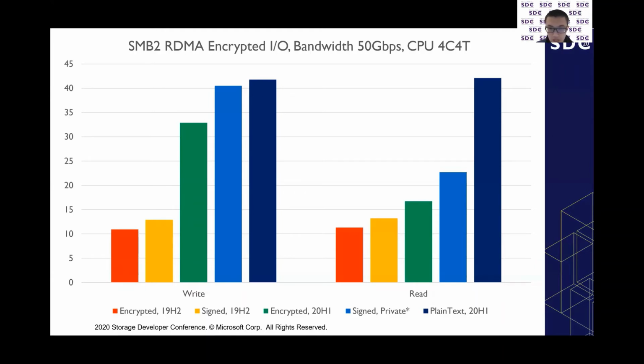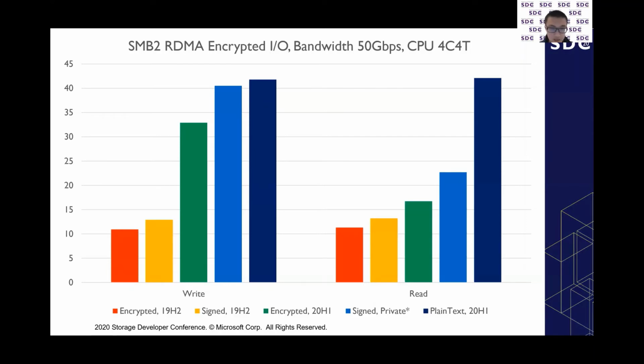In the red column is the performance of encryption over RDMA before the 20H1 release. Then we compare that to the green column, which is the encrypted RDMA performance with the 20H1 release.